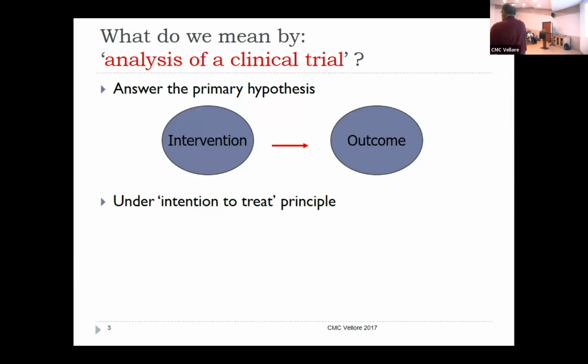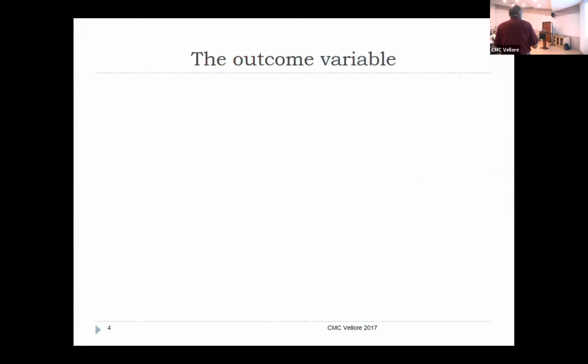When a drug or intervention is available in real life in the community, people may or may not follow things perfectly. So even though the trial is an artificial situation, we want some things to be as real as possible. So we always do the intention to treat principle, which says if somebody is randomized, they are analyzed.